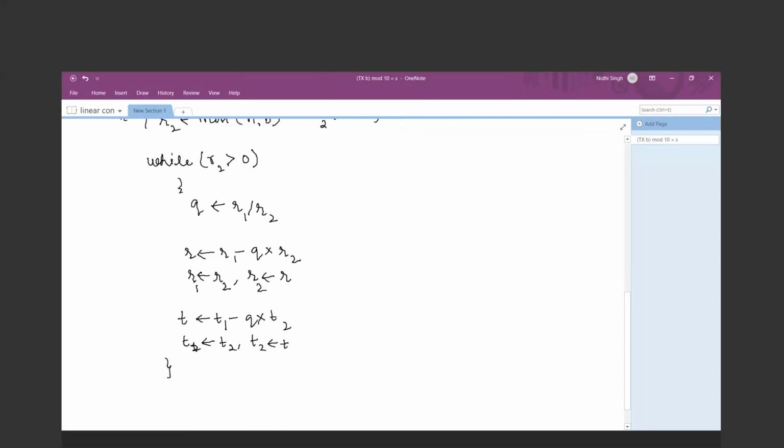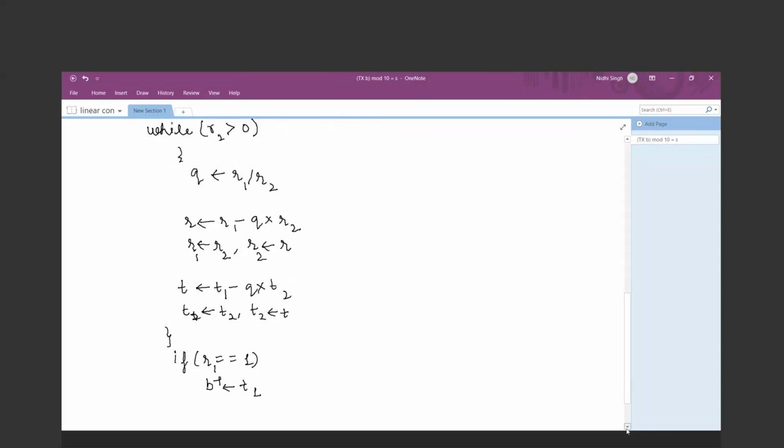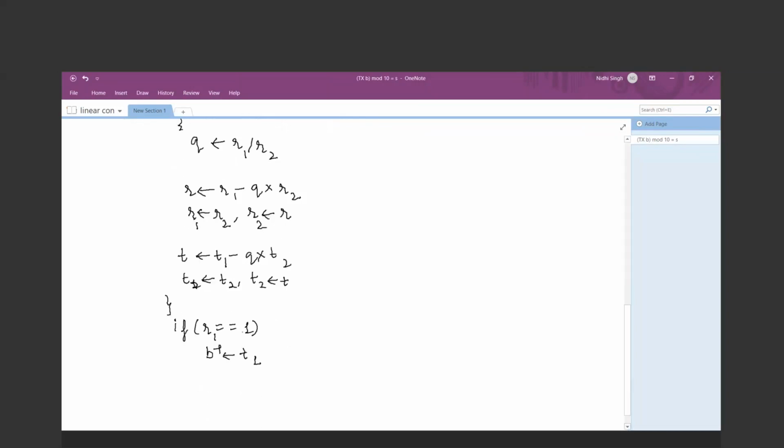Then you have to put one extra condition: if R1 equals 1, then the multiplicative inverse of b would be the value of T1. If this condition is not satisfied, meaning R1 is not equal to 1, then you have to write that the multiplicative inverse is not possible.